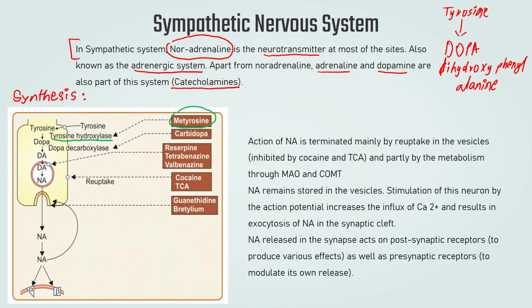metyrosine. This is the drug which inhibits tyrosine hydroxylase. Now once DOPA is formed, by the action of enzyme DOPA decarboxylase, it will be converted to dopamine. This is DA. DOPA is converted to dopamine. This step is inhibited by carbidopa.